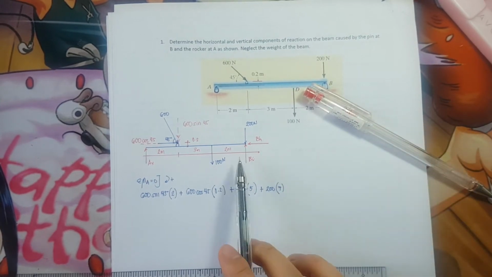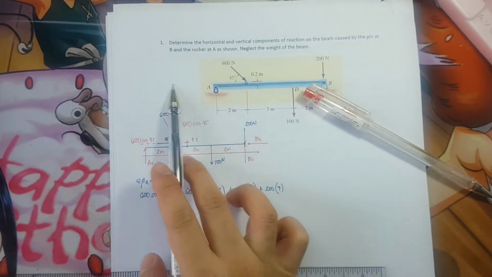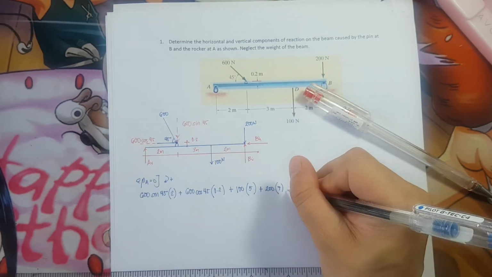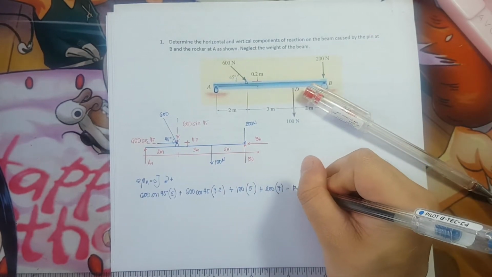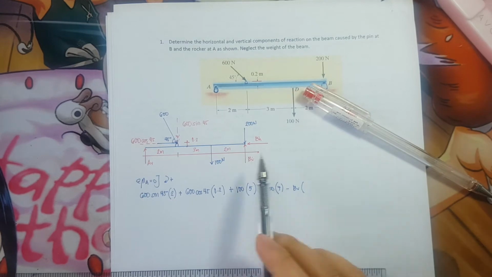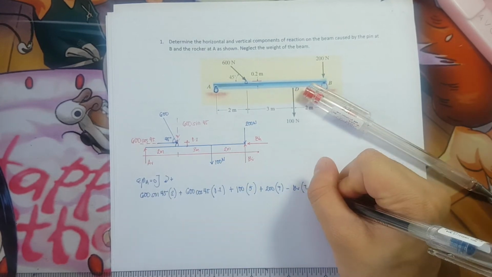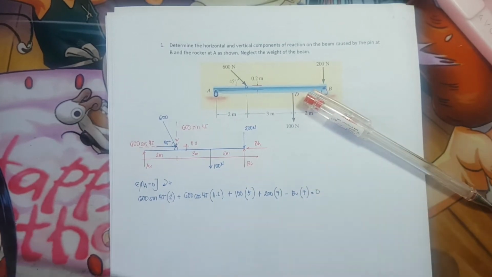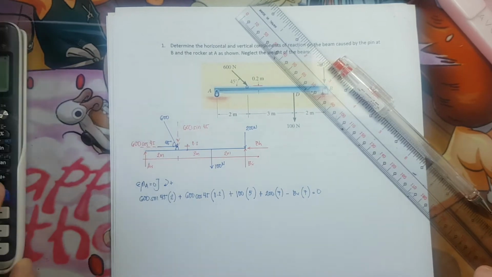And lastly, we have the B vertical, and it is rotating in a counterclockwise. Therefore, it is negative with a lever arm of 7. And that is equivalent to 0. Equate the equation to 0.